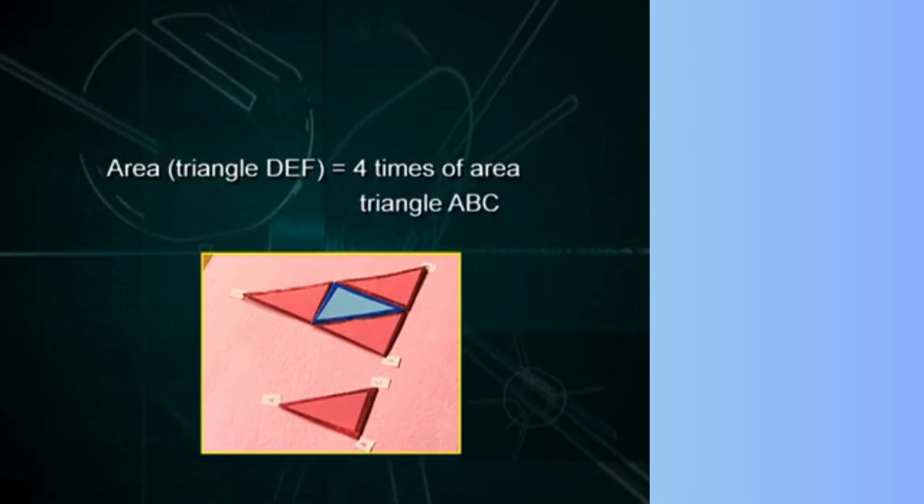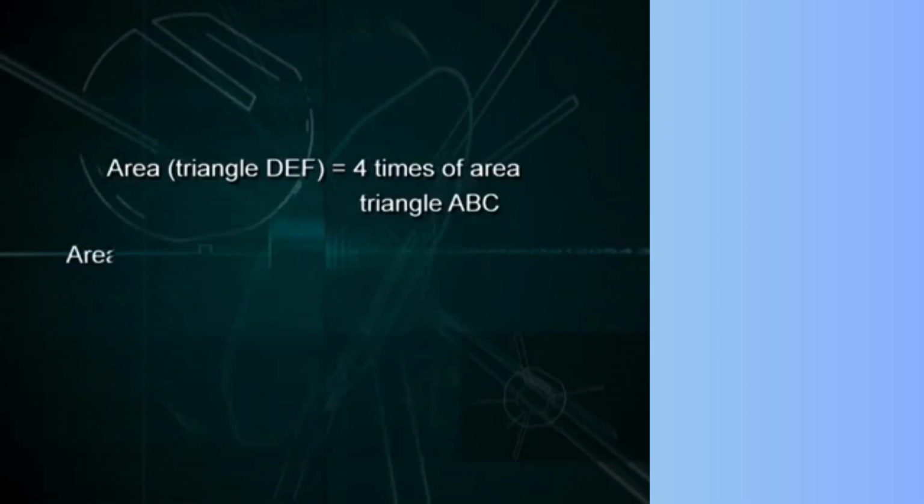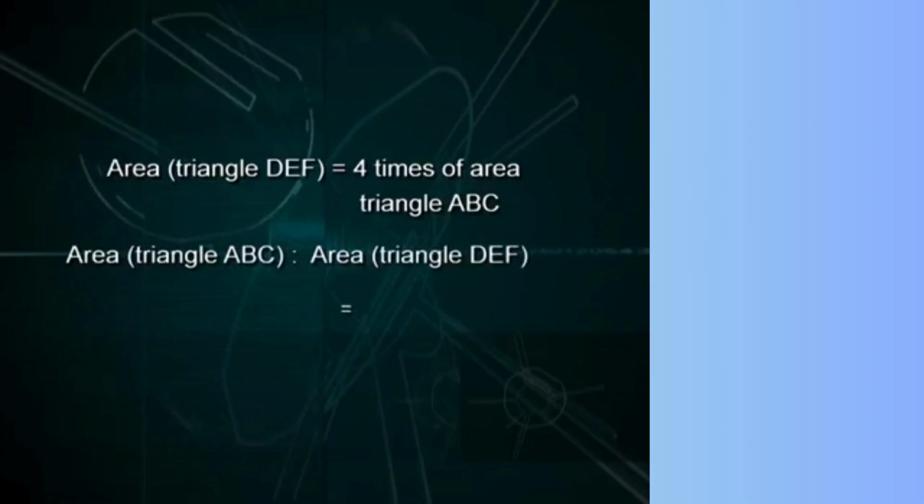Now, the ratio of their areas, area of triangle ABC is to area of triangle DEF, is equal to 1:4.